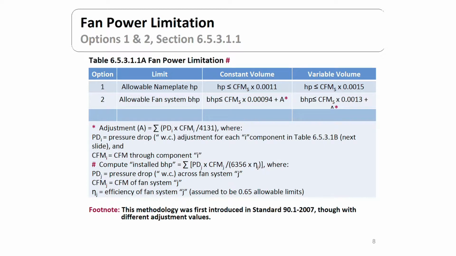And in the first equation up here, 4131 already assumes an efficiency of the fan of 0.65. So if your fan motor's more efficient than 0.65, then you get away with a little more leniency on how big your adjustments can be.